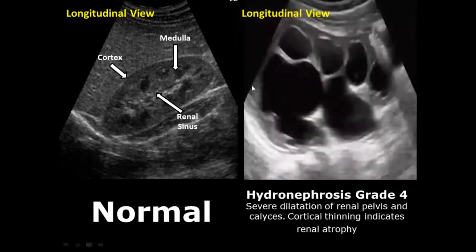Grade 4 hydronephrosis shows a very large degree of dilatation involving the entire kidney, and there is also a higher degree of cortical thinning, and it is leading to renal atrophy.